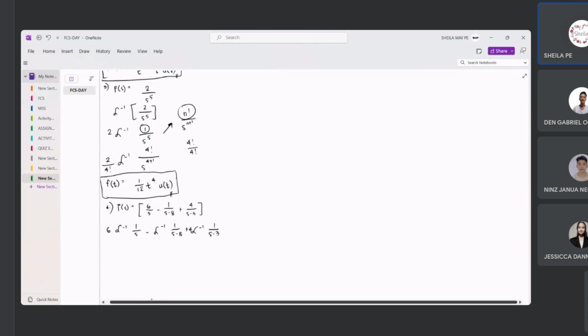So 6 times 1 is 6 only. Minus 1 over s minus 8, so that's e raised to the power of 8t. And plus 4, with 1 over s minus 3 remaining, so 4 e raised to the power of 3t u of t.